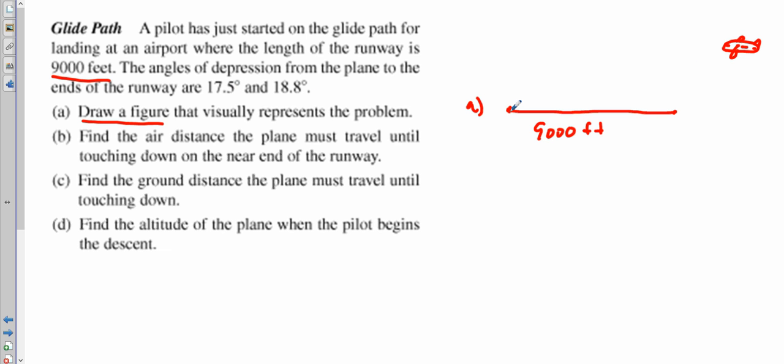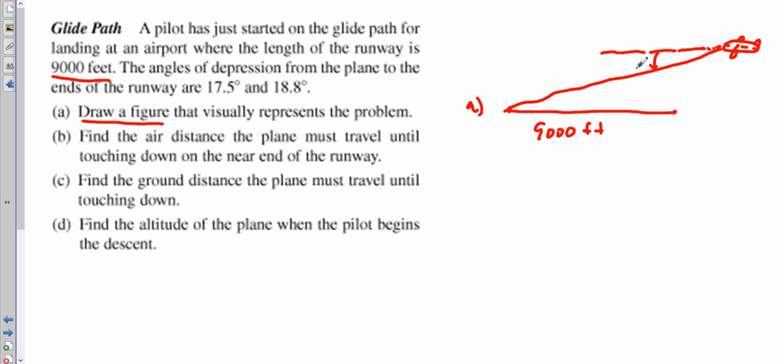So what you have right here is this angle of descent, coming down. If you keep on going out this way, the angle of depression is going to be right here.